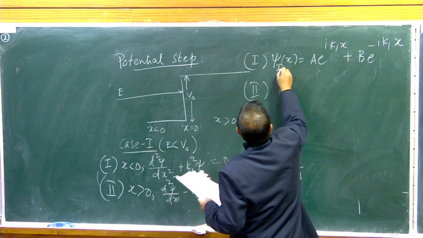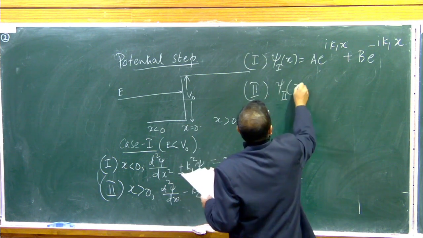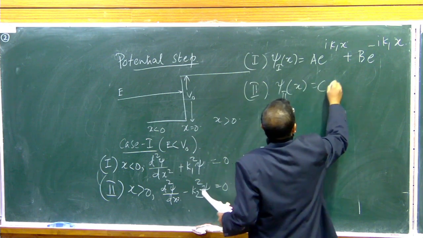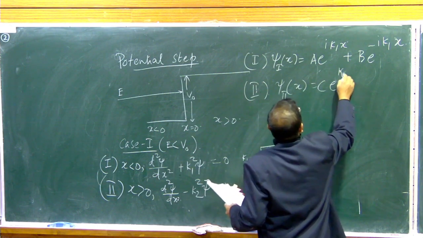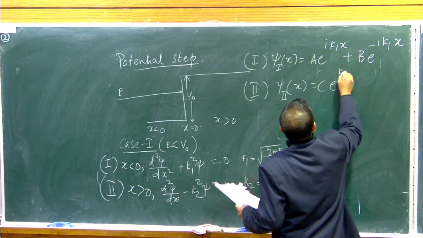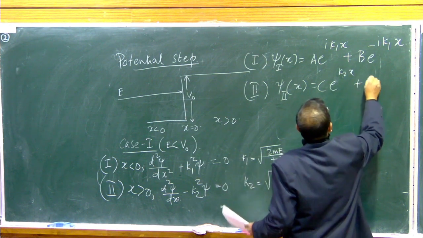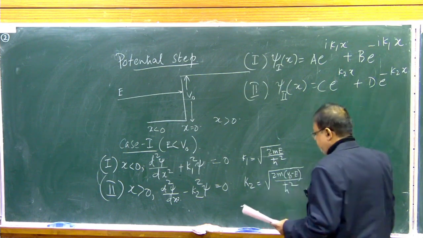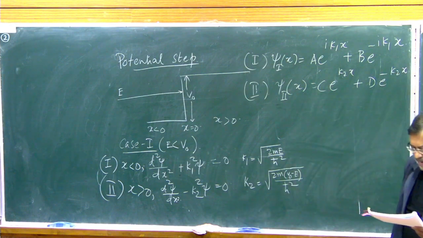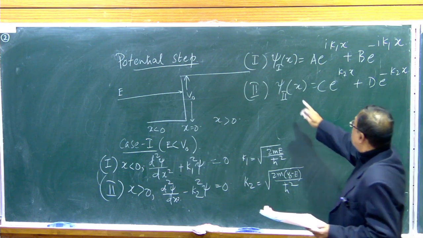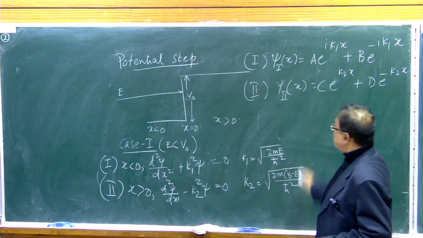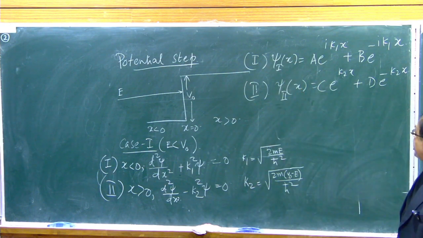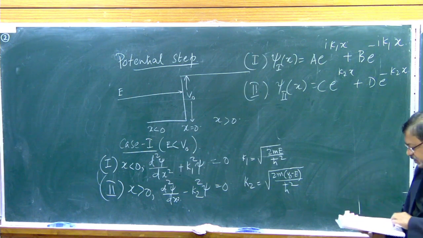So let's write psi 1 and psi 2. So psi 2 is equal to C exponential k2x plus D exponential minus k2x. Okay. Now, this is for the left region, and this is for the right region. And A, B, C, D are constants which need to be determined.